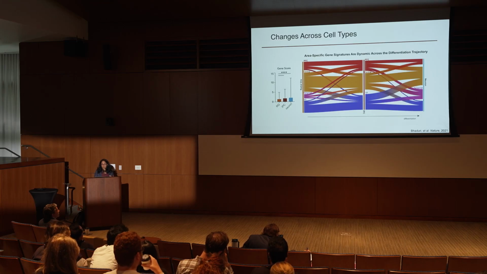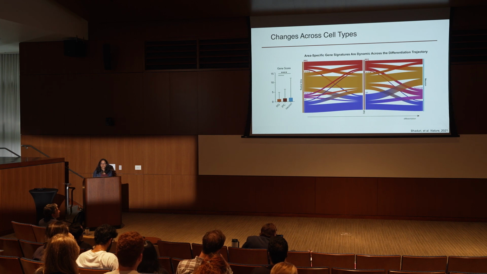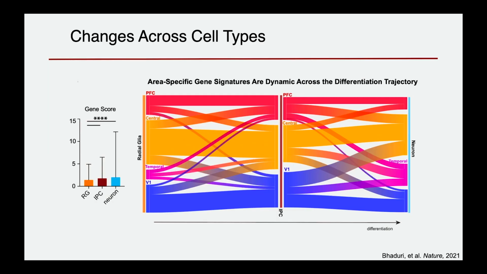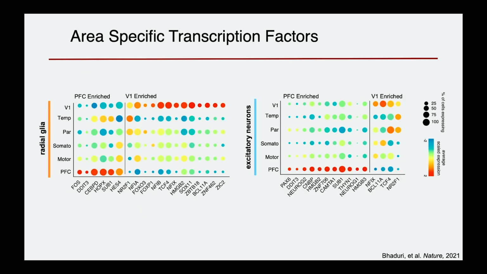It is also consistent with the fact that none of the signatures we see during development have very much to do with the signatures identified in the adult across cortical stages, suggesting that this is a process that is highly dynamic, but probably also pretty tightly regulated.